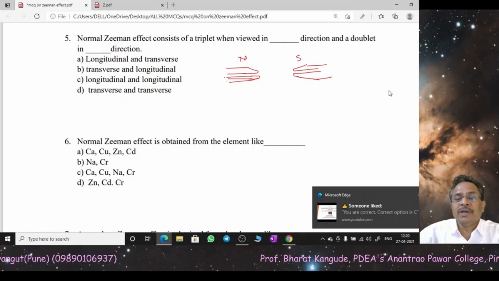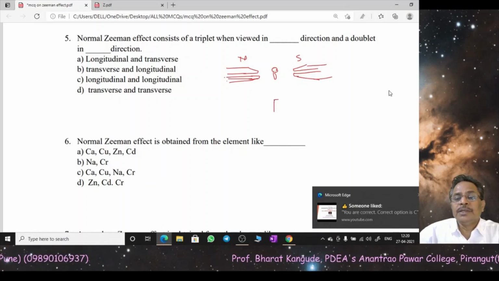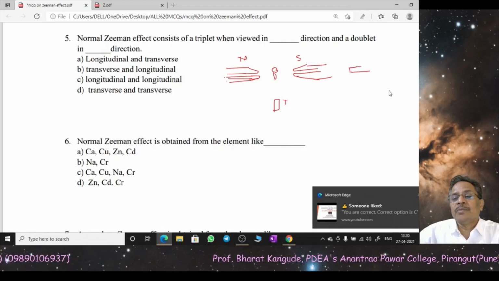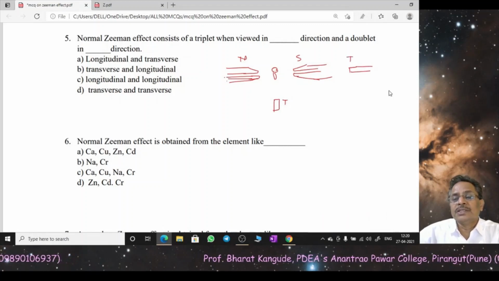This is the magnetic field, and the source of radiation is kept here. You have to observe this through a telescope in two different directions. This is one telescope, and the same telescope can also be put here, as another telescope.